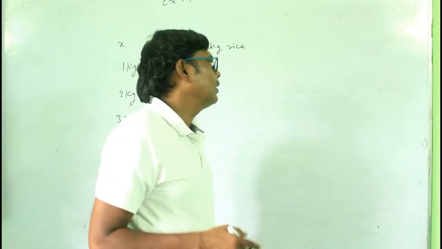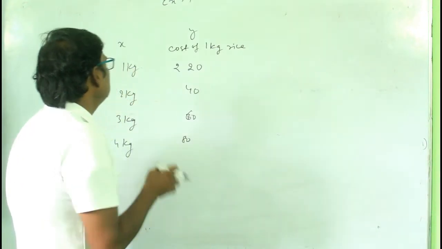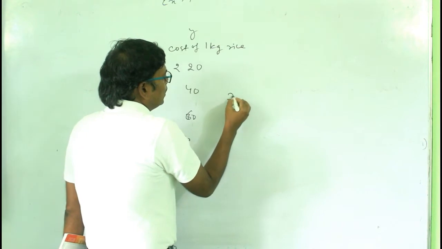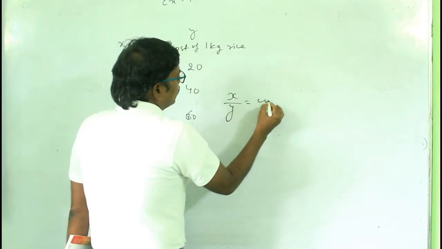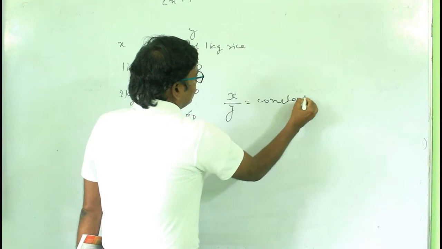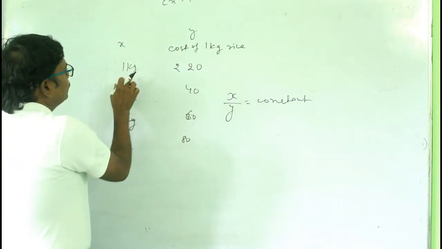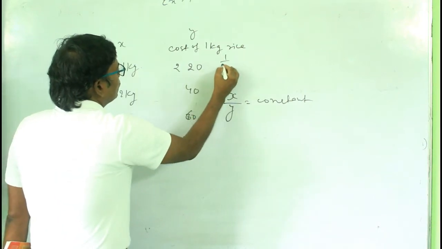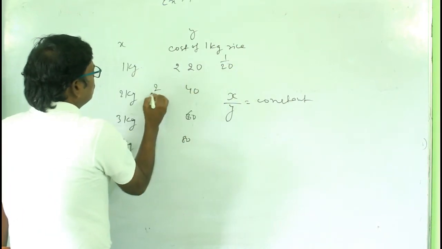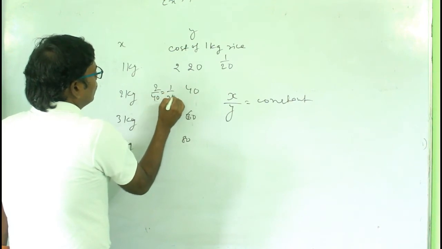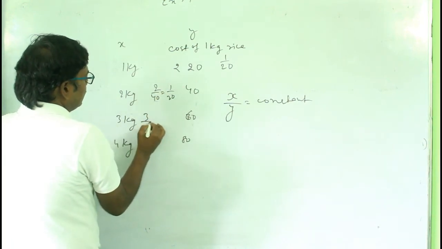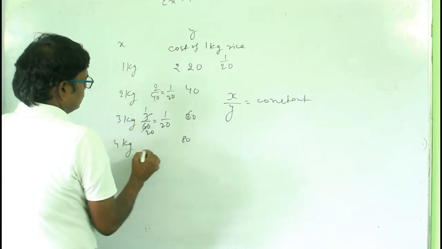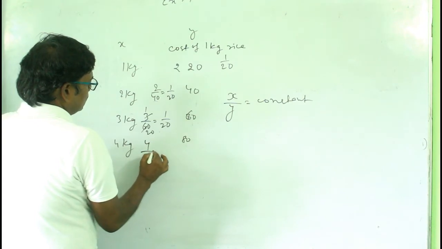There is a property here: if you have two variables x and y, then you always have x by y equal to a constant. Why constant? See, if you write x by y, for this case it will be 1 by 20, for this case 2 by 40, which is also 1 by 20 when you solve, and 3 by 60 is again 1 by 20, and 4 by 80 is also 1 by 20.